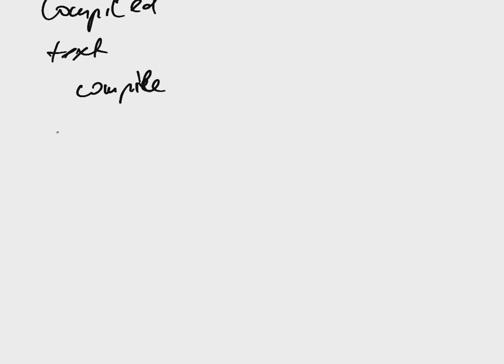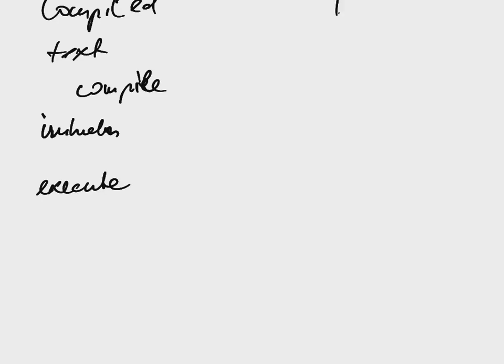For a compiler, you have text, then you compile it, and then you have, let's say, instructions, and then you execute.